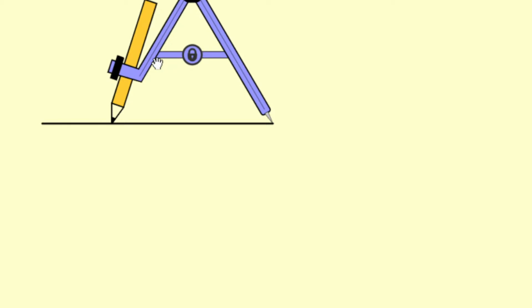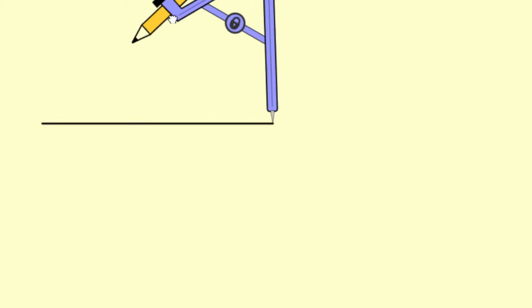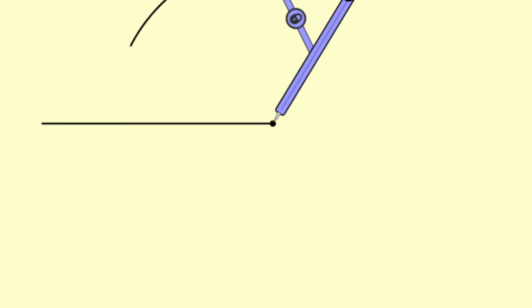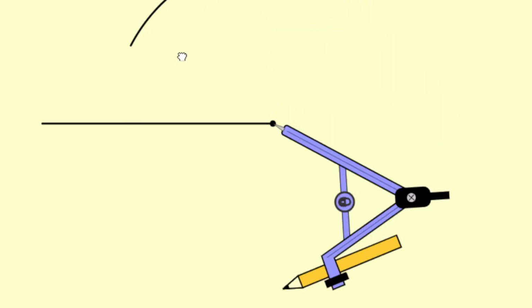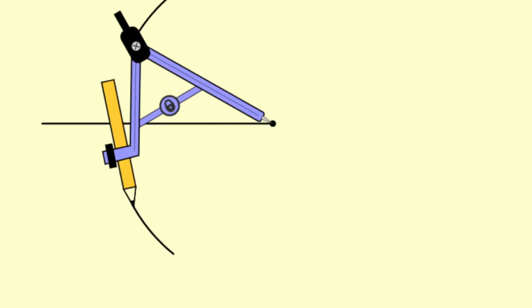Now with this radius, you have to cut one arc upside of this line segment, and with the same radius one arc downside.